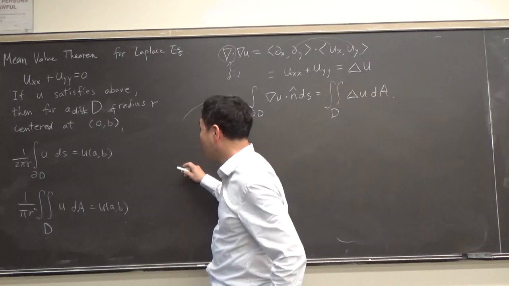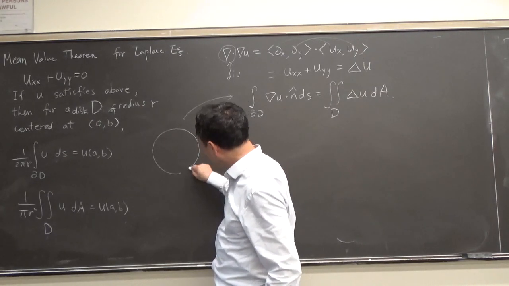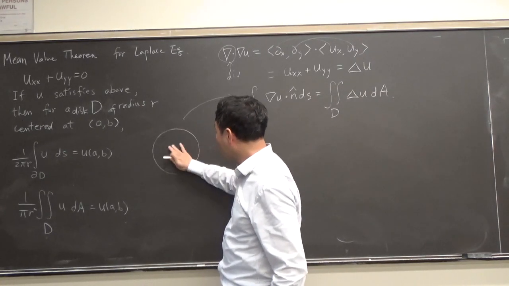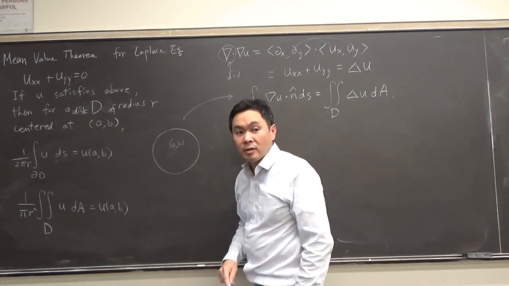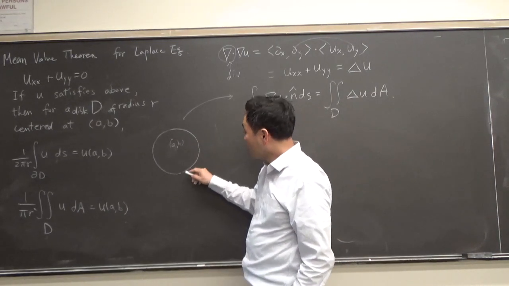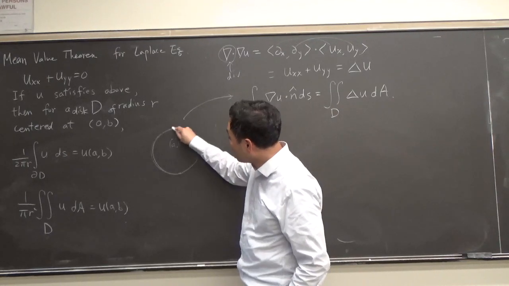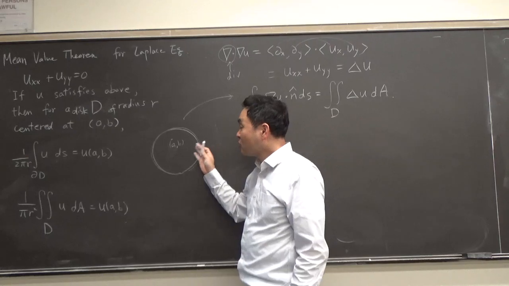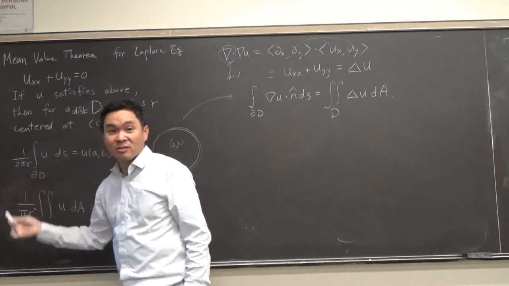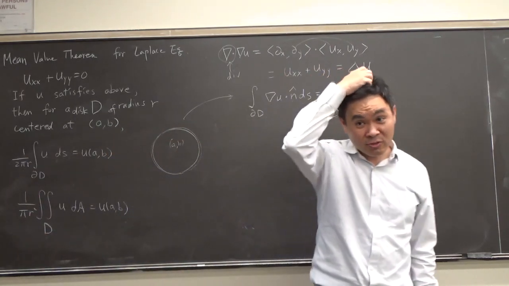This means that you have the disk, a perfect circle centered at a comma b, and you're taking all the values at the boundary, you're adding them up, and you're dividing by its size. What is that? That's called the average, right?